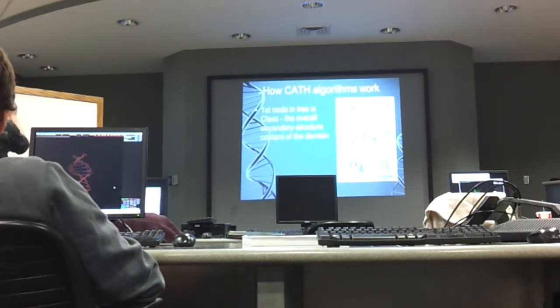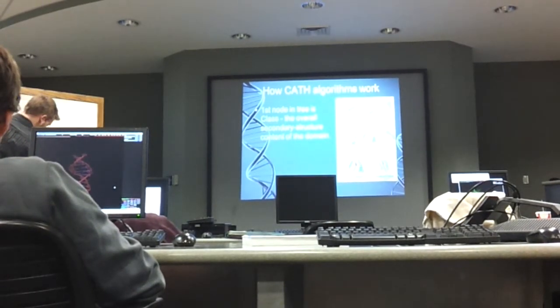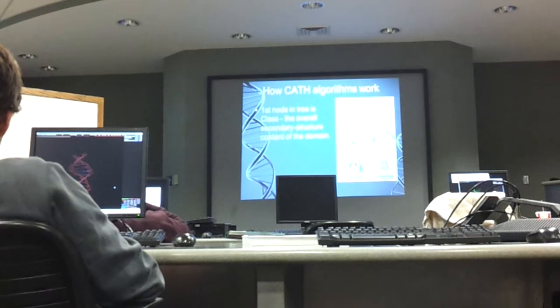So we have CATH. And CATH is basically made of thousands and thousands of protein domains. And what you need to do is you have an amino acid sequence, and you need to go into this database using an algorithm that CATH has.